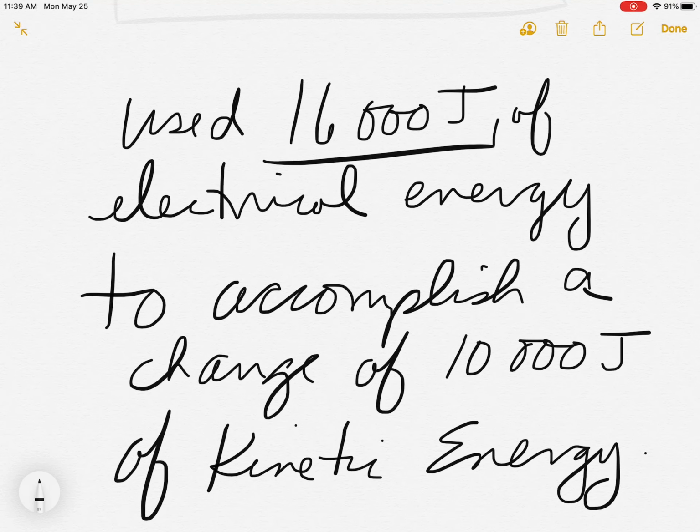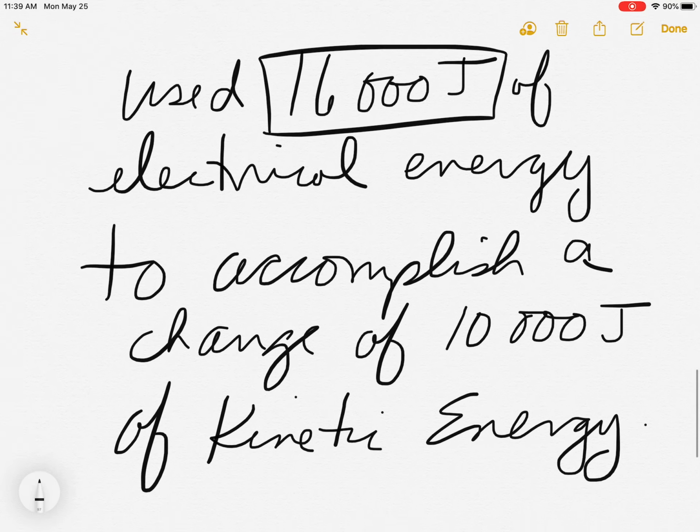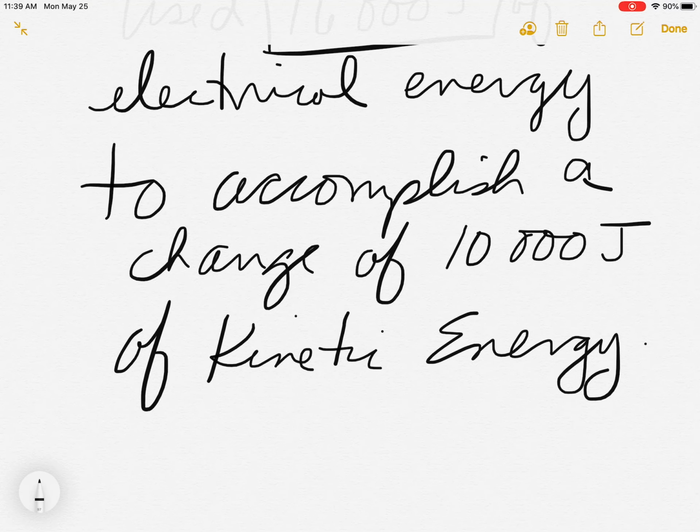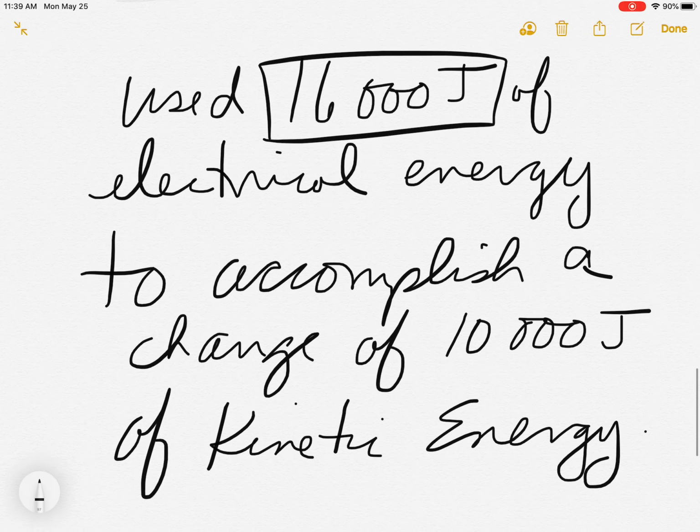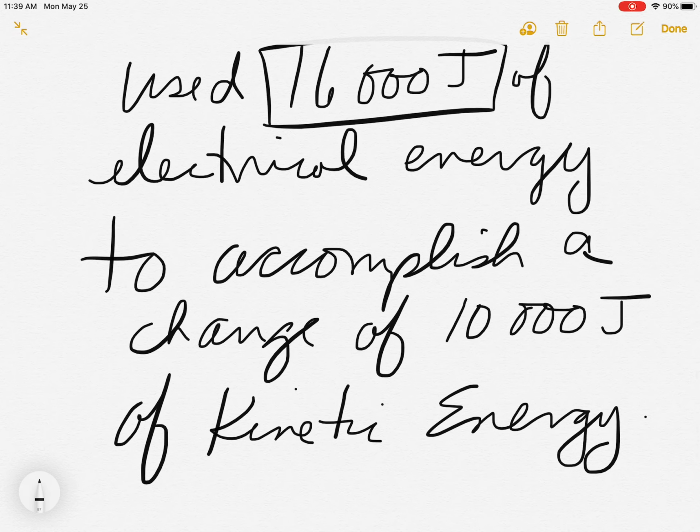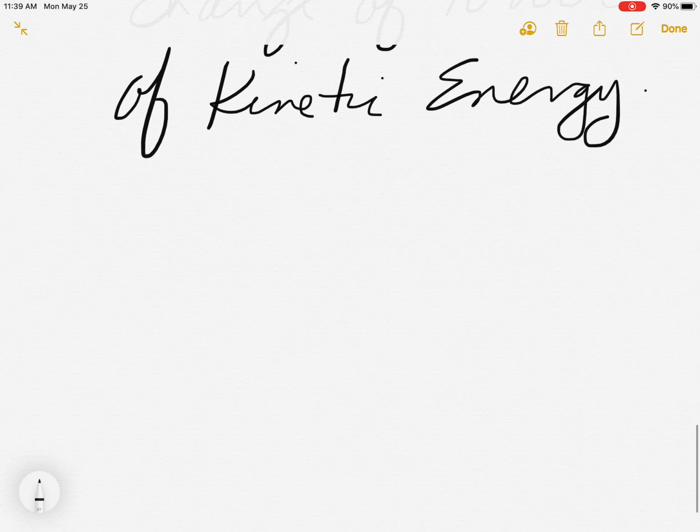Now, why is that? Well, some of the 16,000 joules would have been wasted through friction in the engine and heat and sound and other kinds of wastes. You'll remember that in one of our videos we talked about work and power and energy and the types of energy and how energy transformations always have some waste. So it was not a perfect trade, right? We lost some here. If you had to spend $16,000 to make $10,000, that wouldn't make much sense because you lost money. But in the world of energy, there's always a loss.